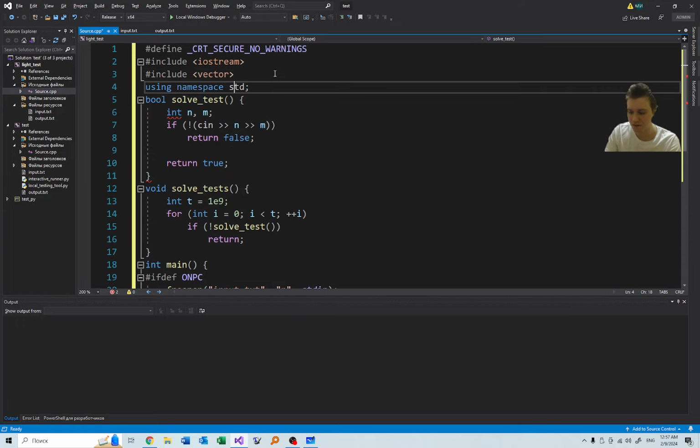So the answer is the product of all minima among all i from 1 to n and j from 1 to m. And this can be calculated easily. For example, if we consider two pointers or anything like this.